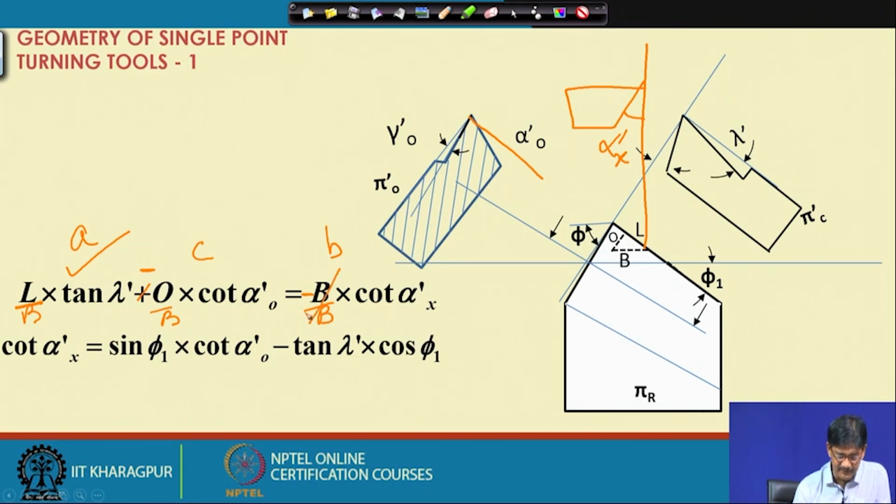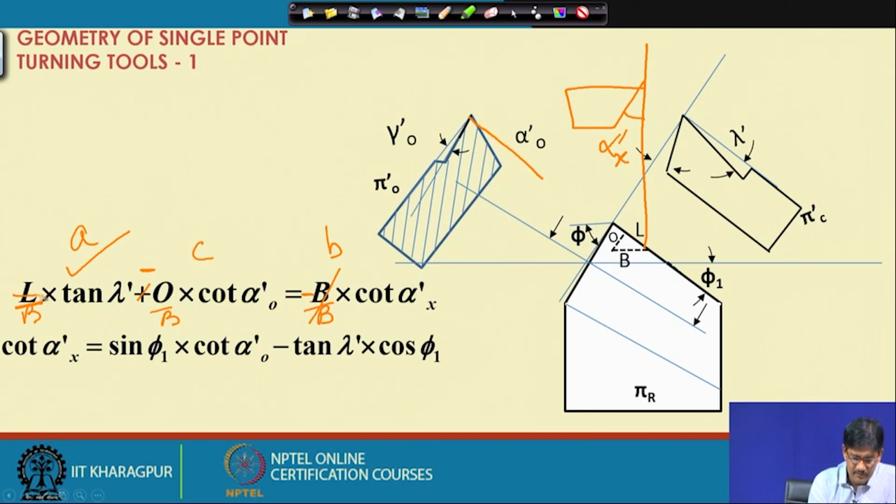If this is coming to this side, cot alpha o dash will be positive and this one will be negative. So, please bear with this particular change. I will write the proper equation here.